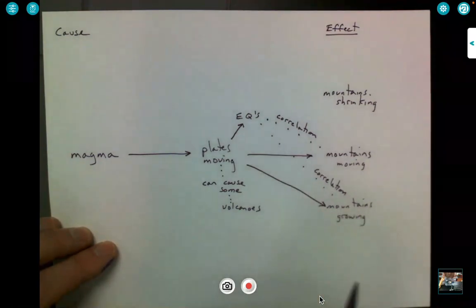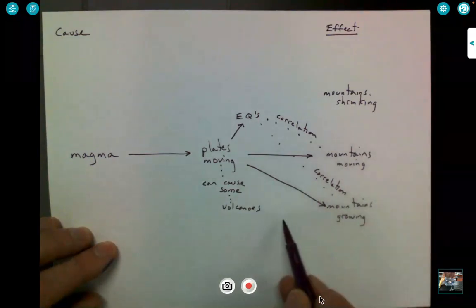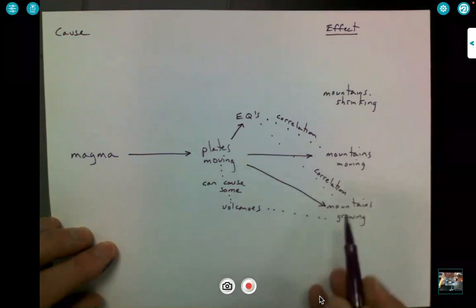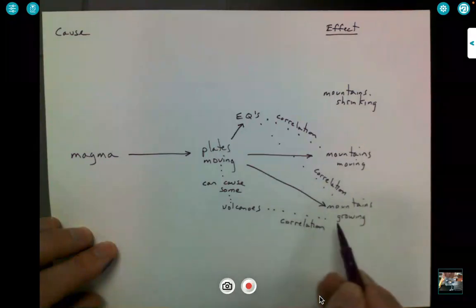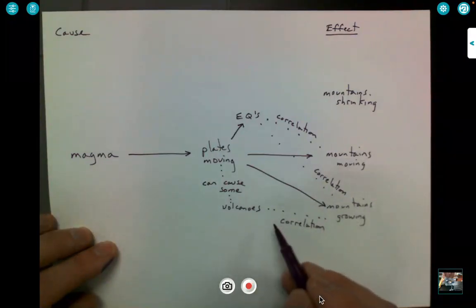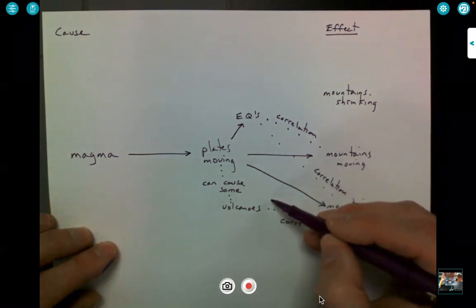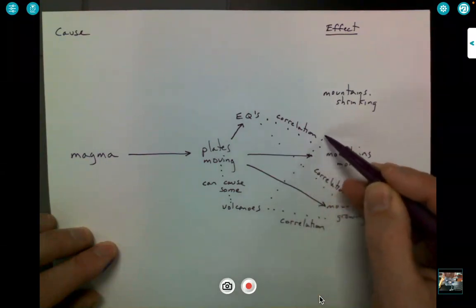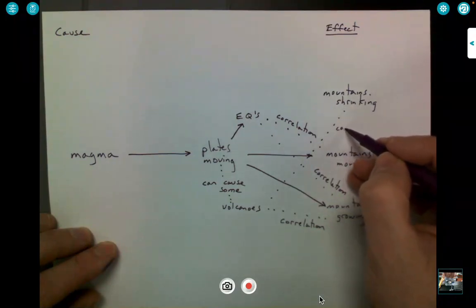We don't know if it's a causation, but there's a connection. And then volcanoes can definitely have a connection to mountains growing. But not all mountains, so that's why we don't want to do causation. It only affects itself. And then we can also do one up here too. So mountains going to mountains shrinking. So that's a correlation also.